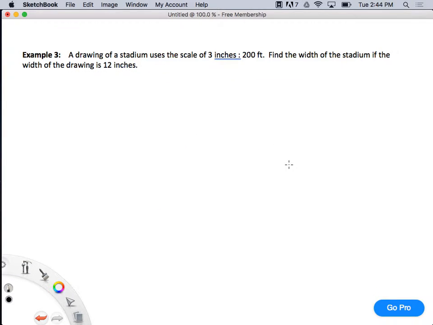A drawing of a stadium uses the scale of 3 inches to 200 feet. Find the width of the stadium if the drawing is 12 inches. Okay, now this one's a little bit different. What do you do here? Well, if it's 3 inches to 200 feet, your ratio is 3 over 200.